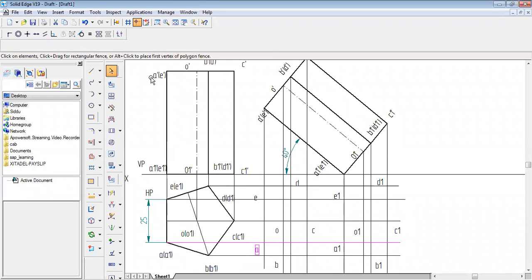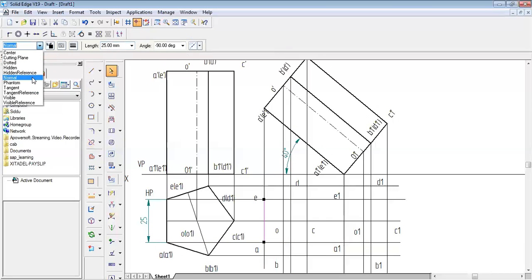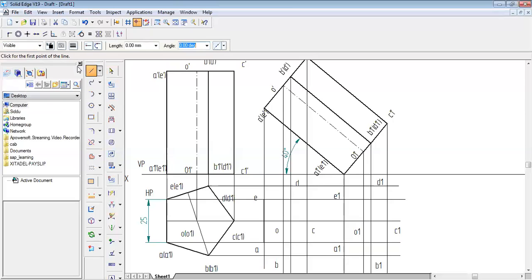You just connect them with a thick line. For example, A to E. So we know that you can split this, right? So just make this visible.